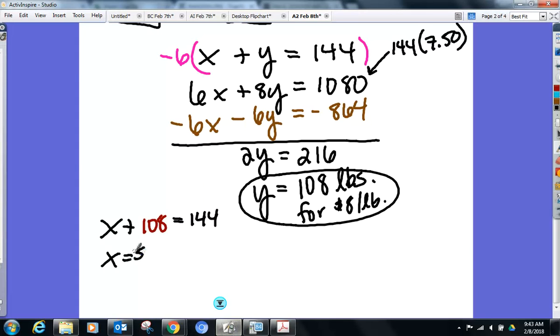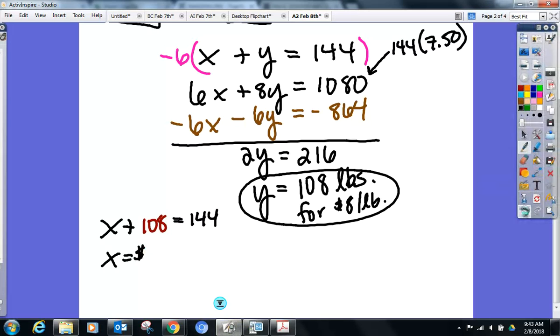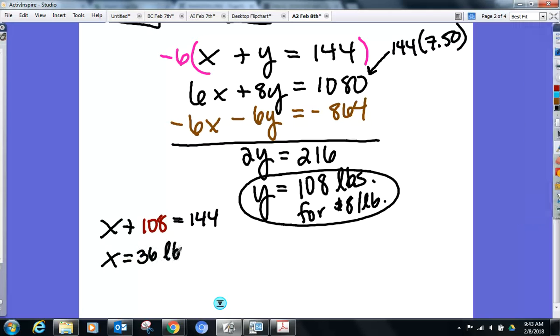Not money, sorry. So 36 pounds of the $6 per pound.